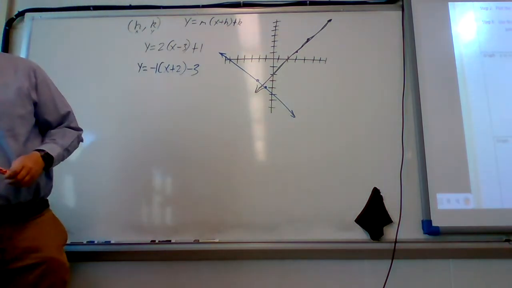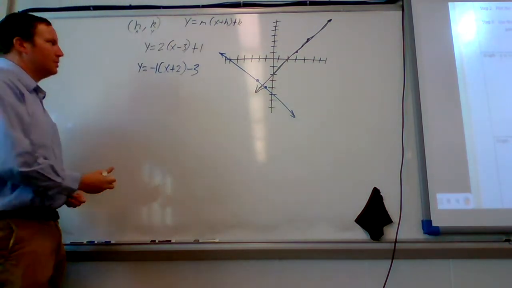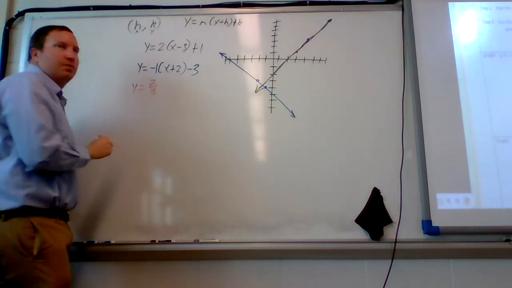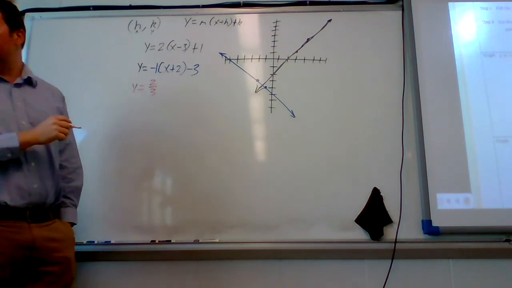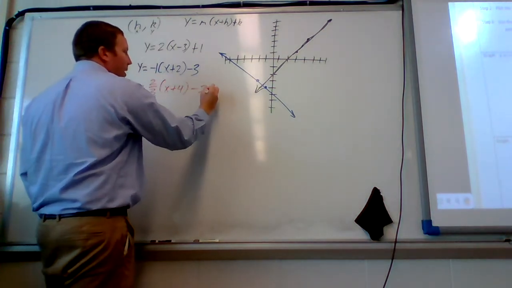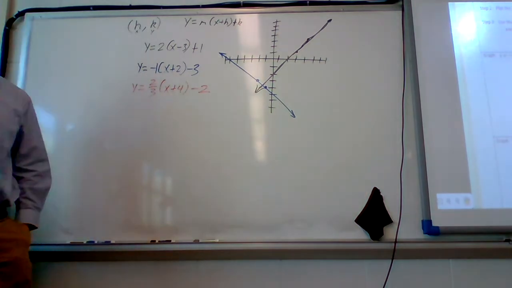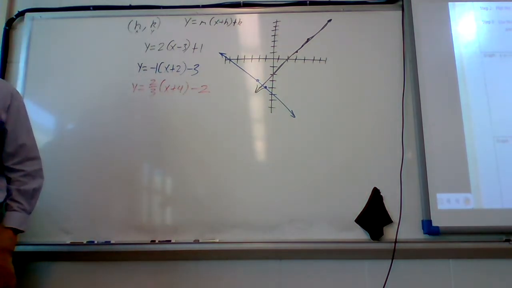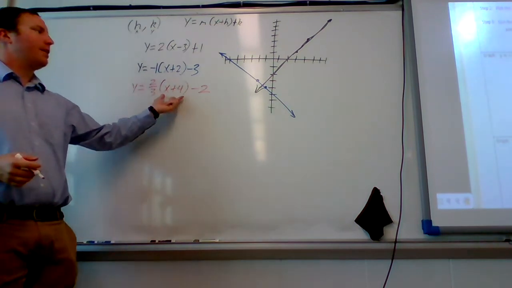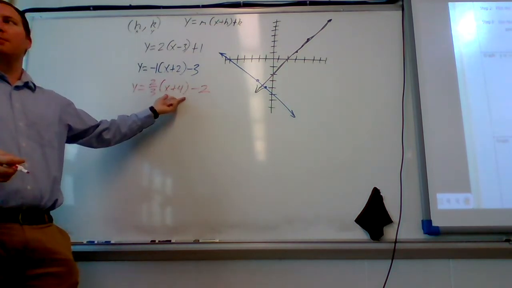Let's look at our third one. We have y equals 2/3 (x plus 4) minus 2. So what is our x value going to be when we graph it? Anybody?